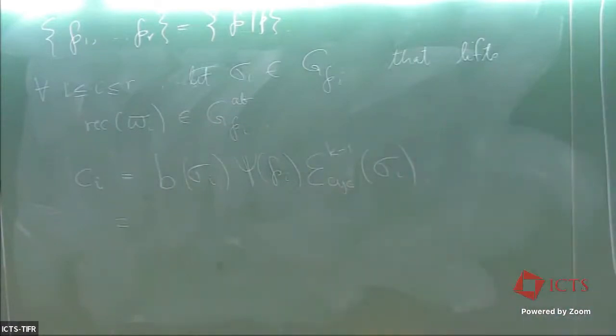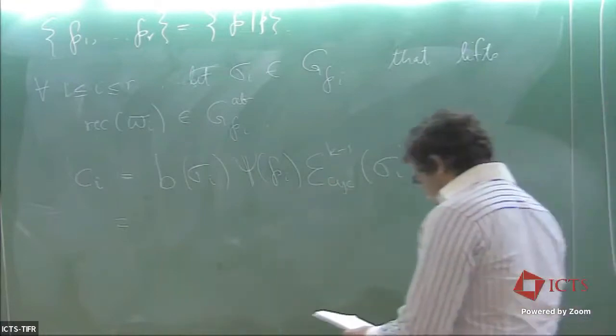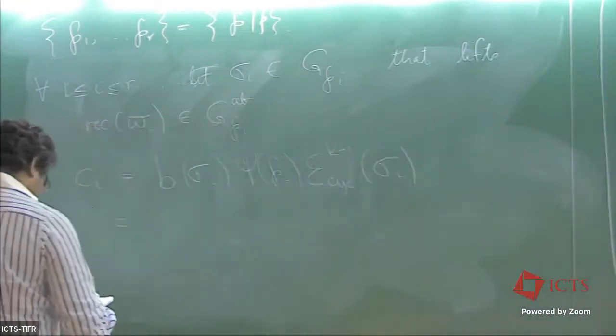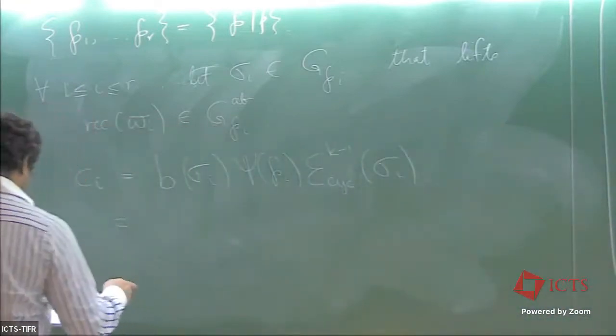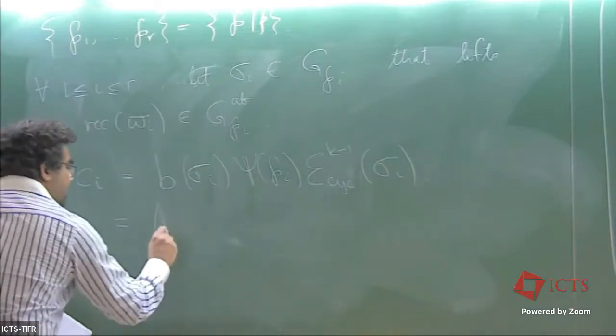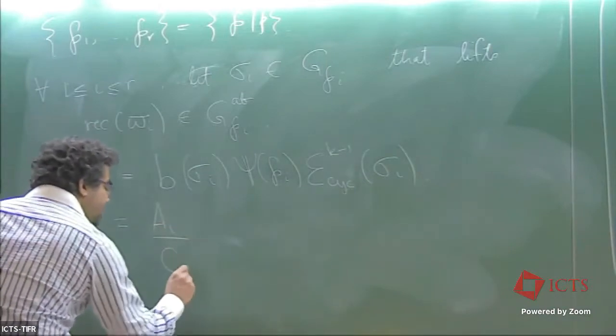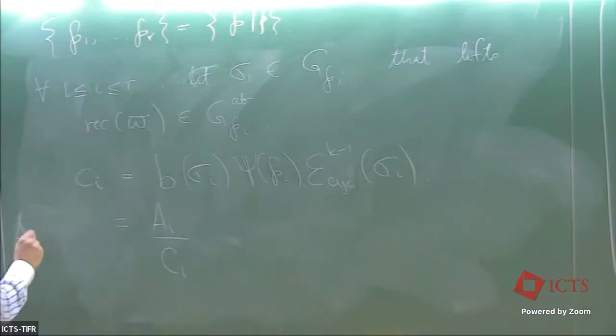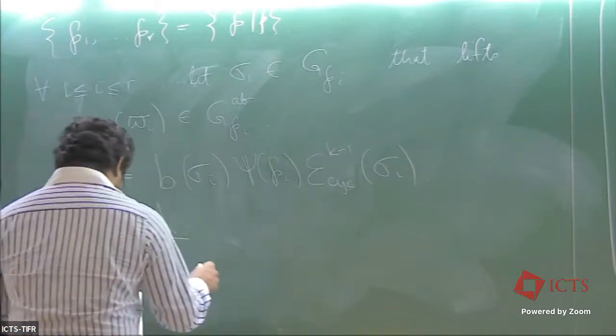So just rearranging this, and then the a_i's and c_i's. a_i is a_{P_i}, and capital C_i is C_{P_i}. Sorry about that.